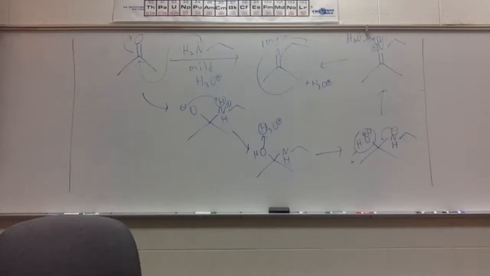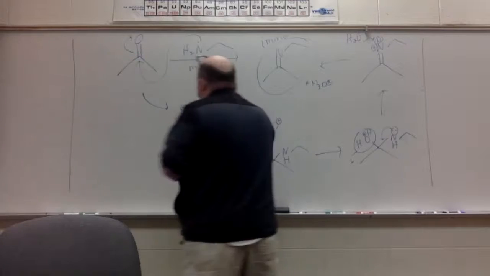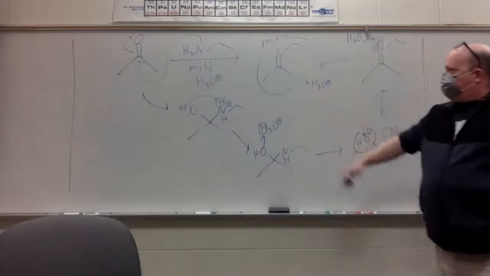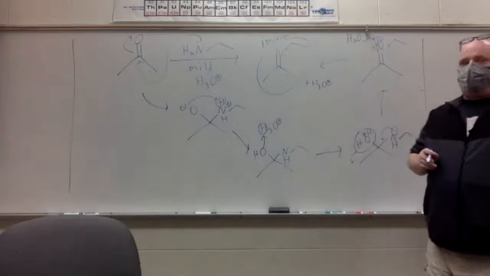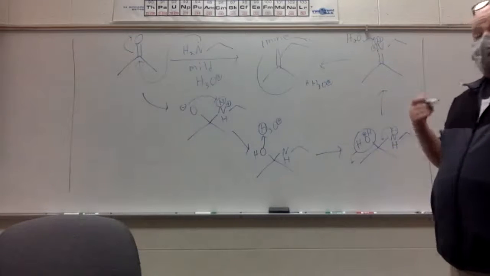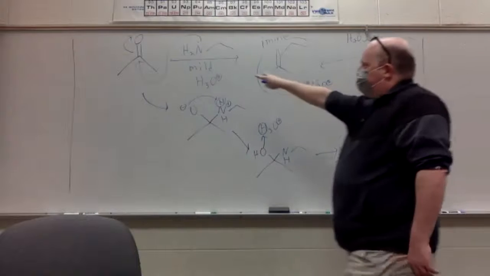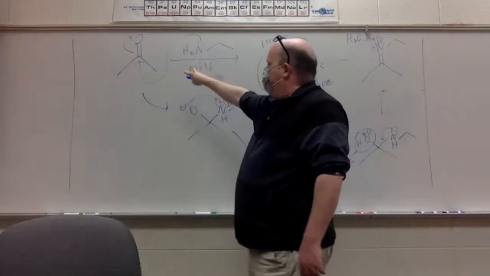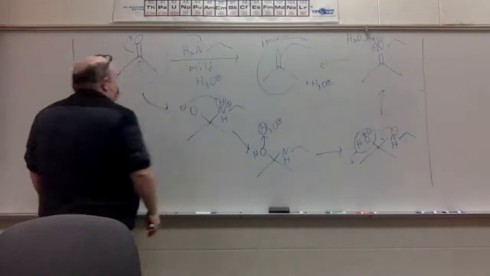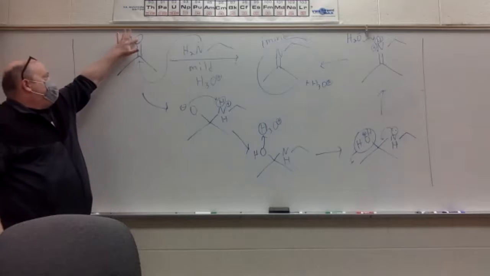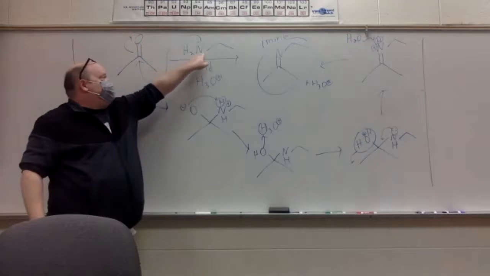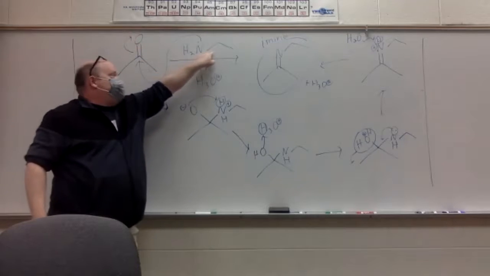So, anytime you see this and you kind of forget what's going on, you can definitely work through the mechanism and figure it out. You can also predict the product of these reactions pretty easily too. If you look at this, ignore all the intermediate stuff, just look at the products and reactants. If you recognize this as being something that's supposed to make an imine, to get the structure, all you've got to do is replace the oxygen with the nitrogen and carbon chain.